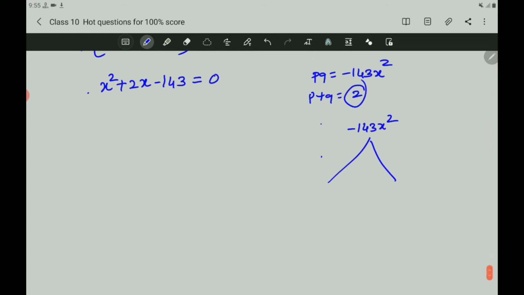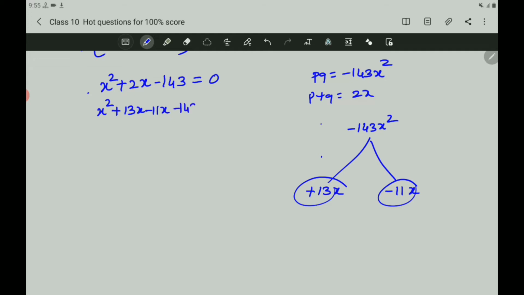Here the sum is positive, so it becomes plus 13x minus 11x, the sum of these two is 2x, and the product is minus 143 x square. So here you write x square plus 13x minus 11x minus 143 equals 0.